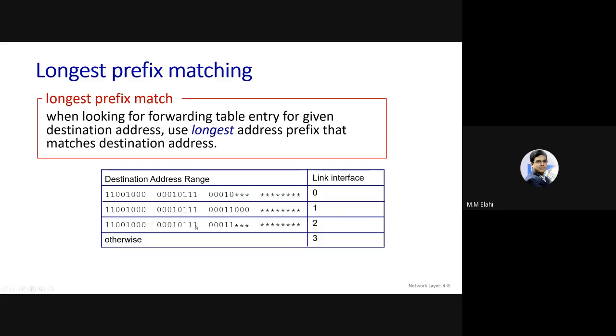Suppose the third one also did not match, then go to the fourth one. That is the default. In this case, anything will match, like our default after case 1, case 2, case 3. So if none of these three match for a particular packet, then the default must match, and it will go to link interface 3. Is it clear? Any question?